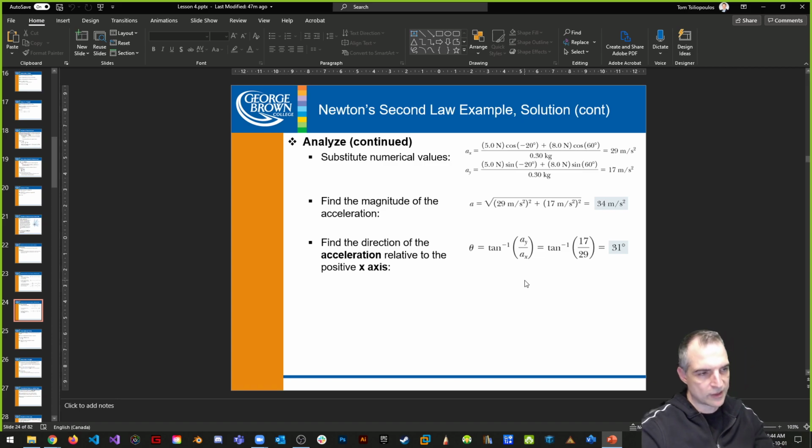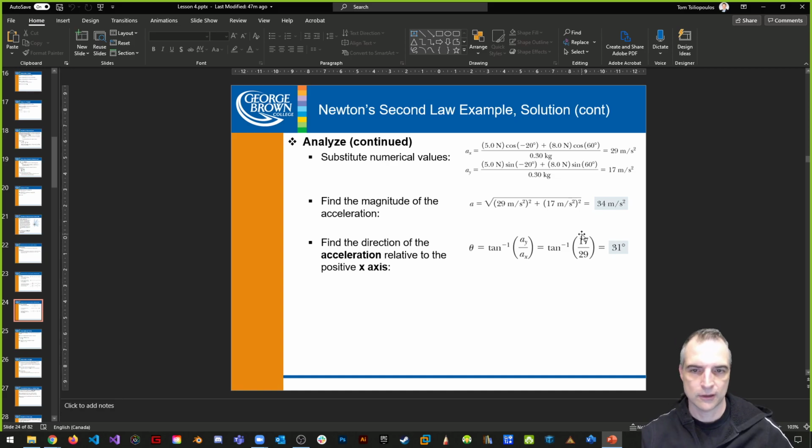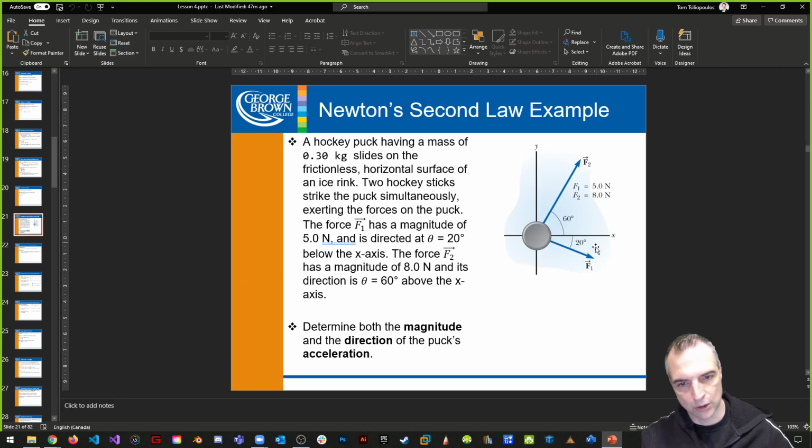Taking it further, we sub in our numbers. We look at 5 newtons as an example, because we said 5 newtons on the x-axis. Cos theta is minus 20. Why minus 20? Because it's below the x-axis. Because the angle is below the x-axis, we apply a negative sign to it. Anything above the x-axis is going to have a positive sign.